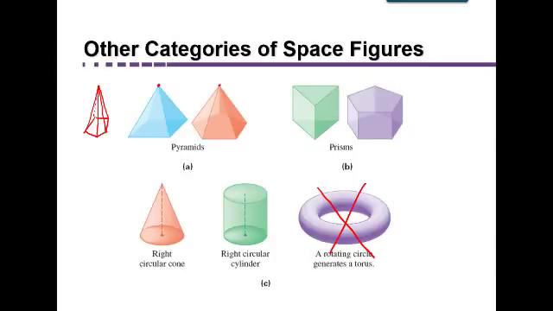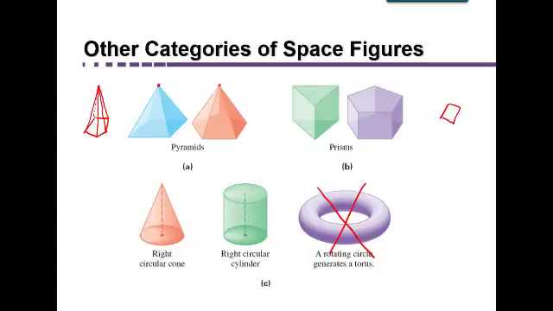Anything of this shape, with these characteristics, I should say, that has a polygon at the base and comes up to a point, that's a pyramid. Compare that to prisms. So prisms have a base like the pyramids do. So it could be any type of polygon. Let's just make a square.